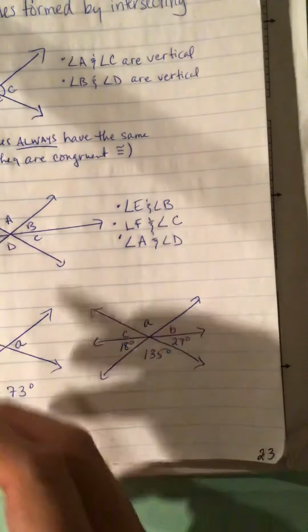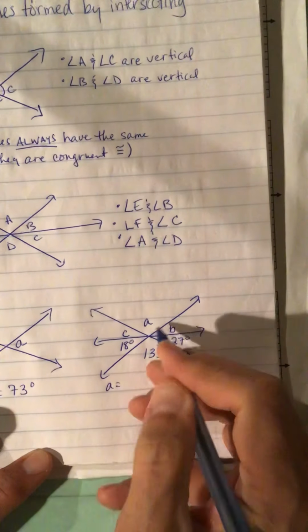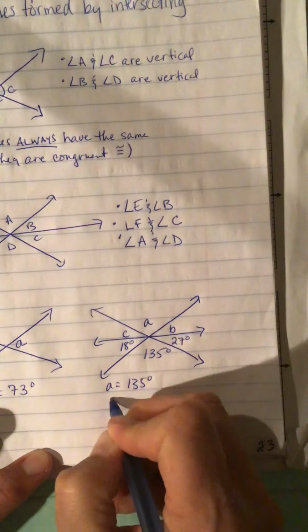So, if we have all this information right here, we know that A is vertical with this angle right here, so A is going to be 135 degrees.